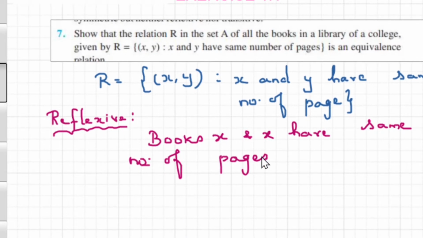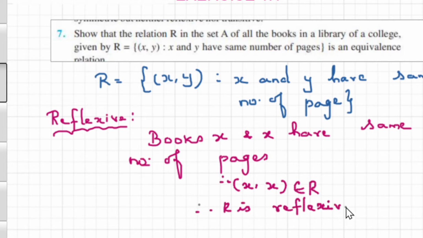Therefore, since (x, y) belongs to R when they have the same number of pages, (x, x) belongs to R. Therefore R is reflexive.